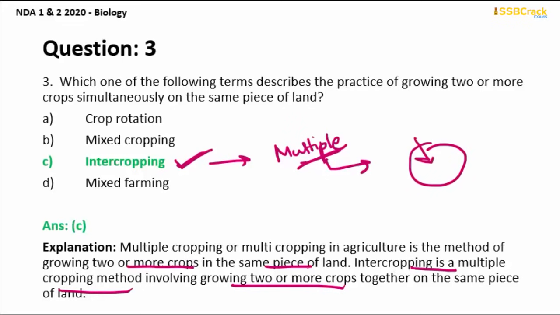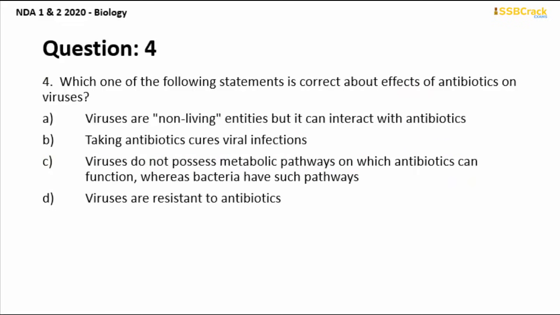So what is the use of this? It gives us a better productive yield. So that is why this is followed. Clear? So which one of the following terms describes the practice of growing two or more crops simultaneously on the same piece of land? It is intercropping. Clear? Let us now move on to the next question.